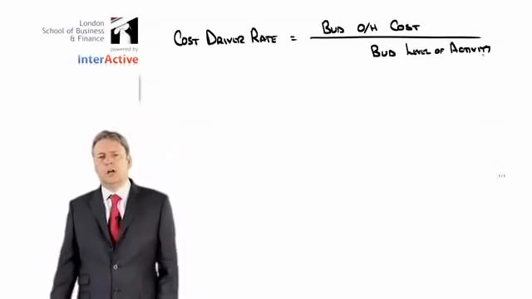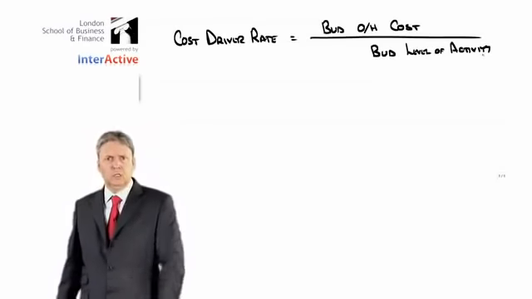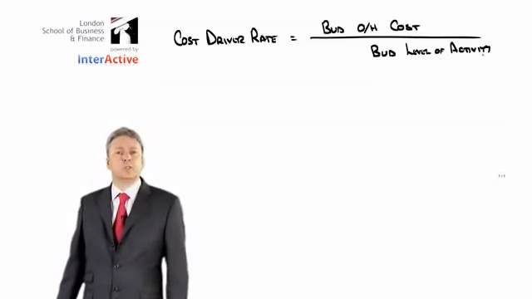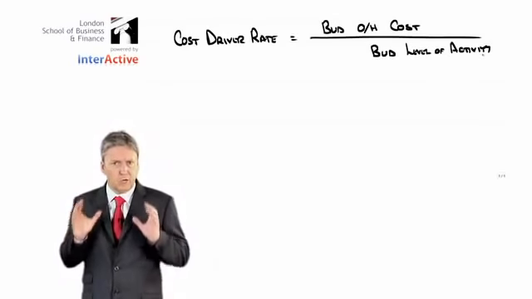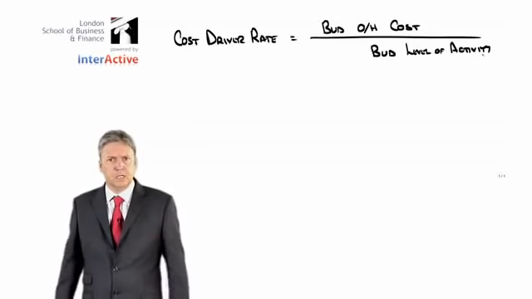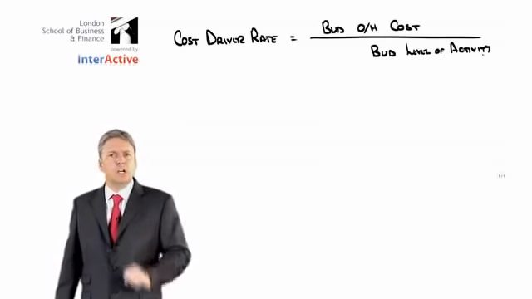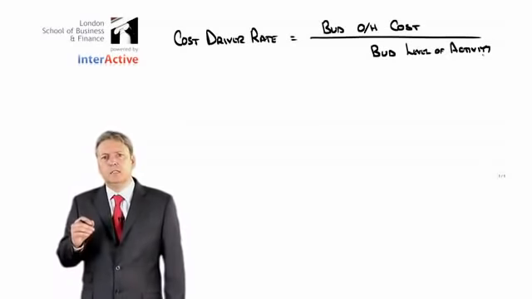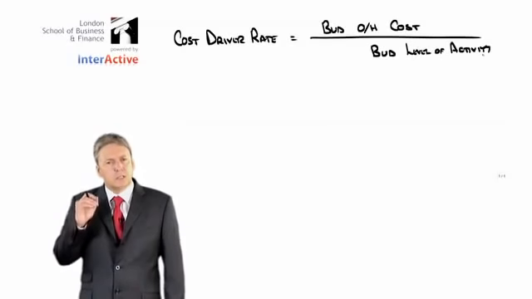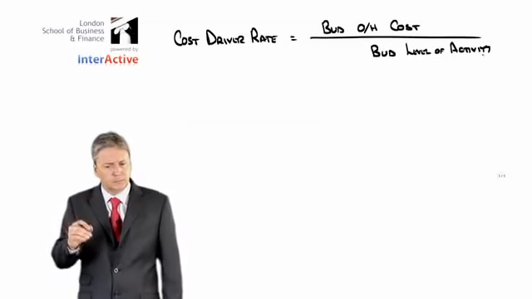Now hold on a moment. All I've done is write for you the overhead absorption rate formula. The basic overhead absorption rate formula. Surely I'm talking rubbish yet again. Well, what I'm trying to emphasize to you is the similarity between what you were doing before and what you're doing now.